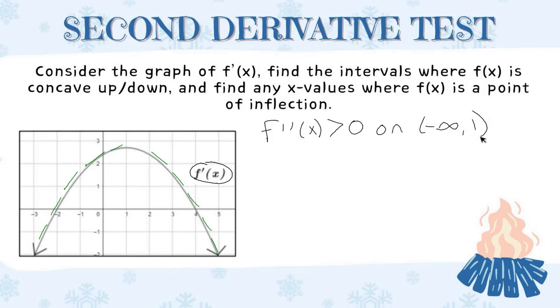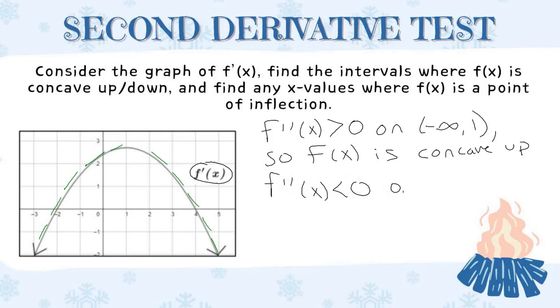If f double prime of x is positive, what does that tell us about our original function? Yep, it's concave up. Okay. And f double prime of x will be negative where?